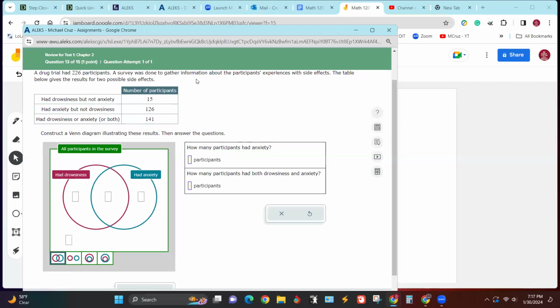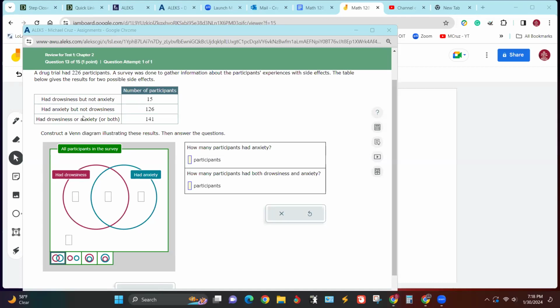So a survey was done to gather information about the participants' experiences with side effects. The table below gives the results for 2 possible side effects. So they all 4 are going to have to add up to 226 when we're all said and done.